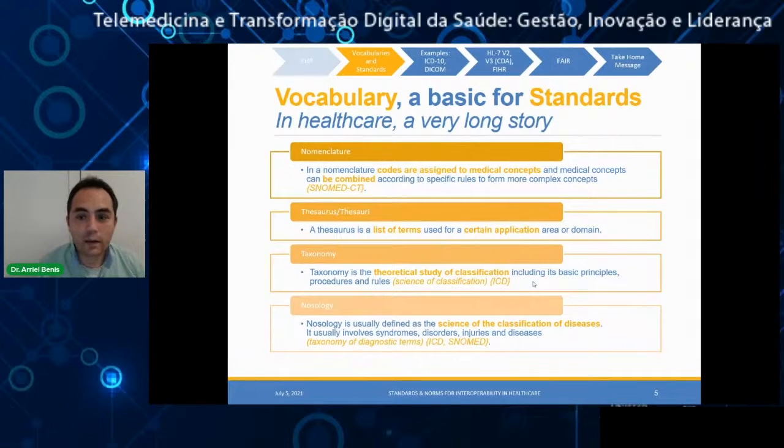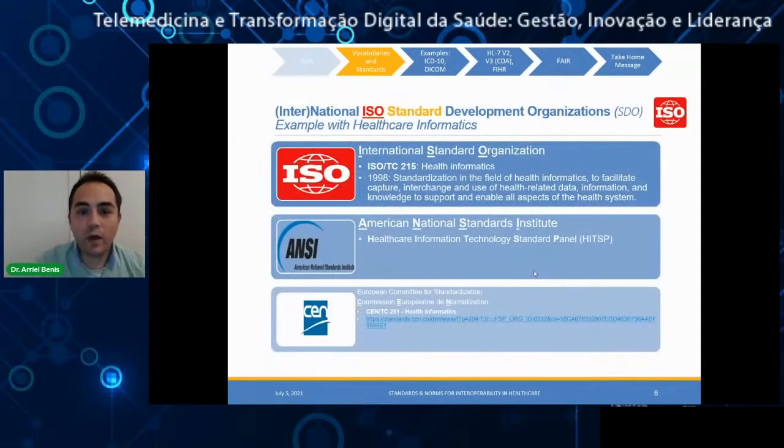These standards are available all around the world, managed by huge organizations, and these vocabularies are the fundamentals of interoperability in healthcare.